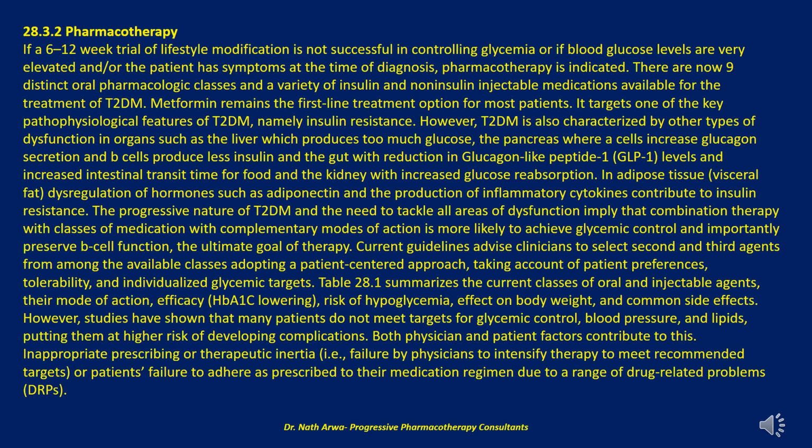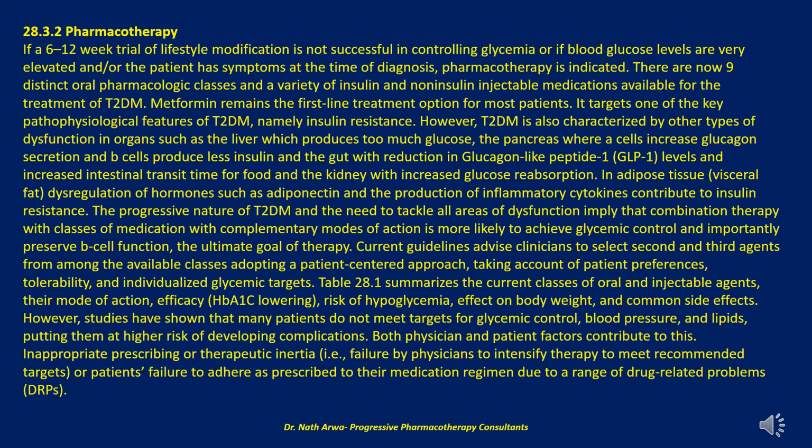If a 6 to 12-week trial of lifestyle modification is not successful in controlling glycemia, or if blood glucose levels are very elevated and/or the patient has symptoms at the time of diagnosis, pharmacotherapy is indicated.